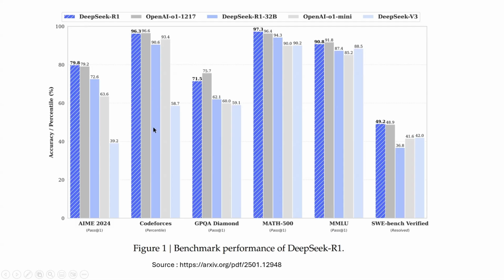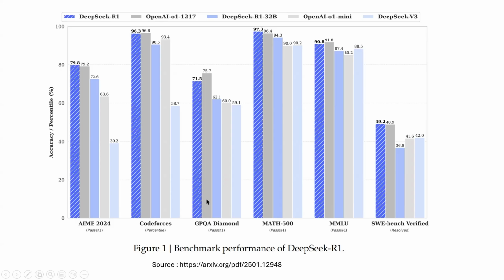OpenAI O1 outperforms DeepSeek R1, with O1 at 96.6 and R1 at 96.3.